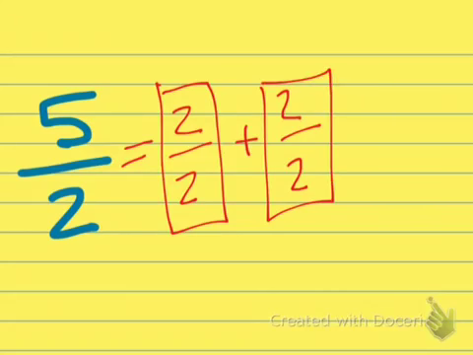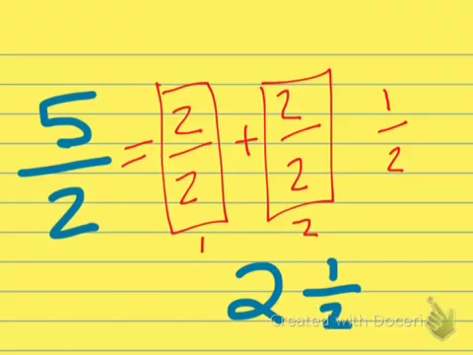That's 2 wholes, and 2 plus 2 is 4, so 4/2. I don't think I can do another one, so I have 1/2 left over. And so that makes 2 and a half. So my answer is going to be 2 and 1/2. And that's what you should have gotten.